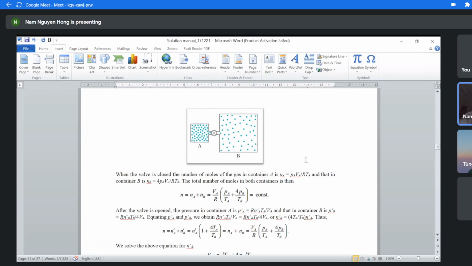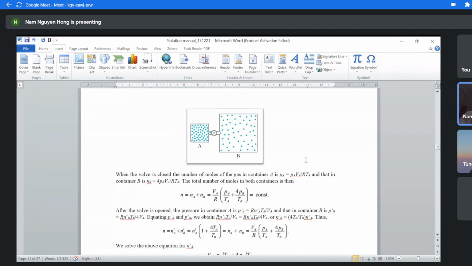Right? The total number of moles of the gas in both containers is constant. So this is what we know.